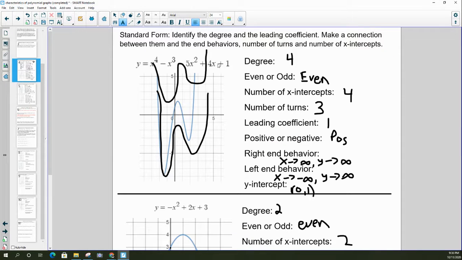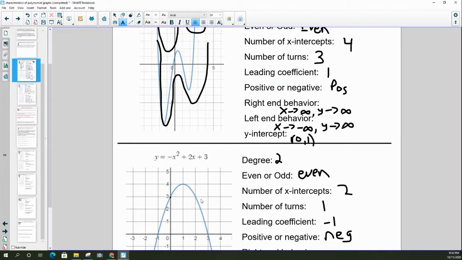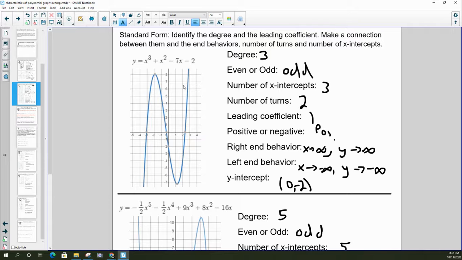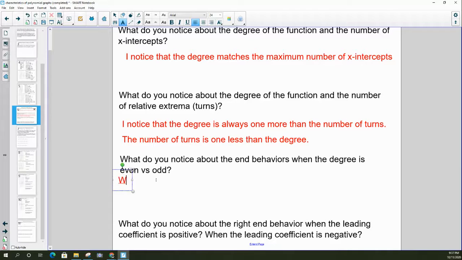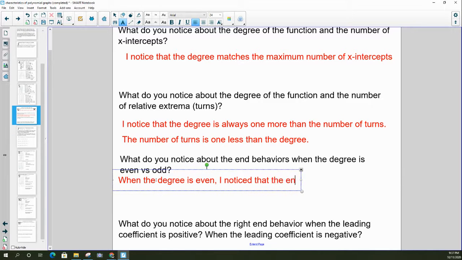All right, now what do you notice about the end behaviors when the degree is even versus odd? On even, we noticed that they were both going up or they were both going down. The end behaviors were going the same direction. And we noticed when it was odd, one was going up, one was going down, so they were going in opposite directions. All right, so when the degree is even, I noticed that the end behaviors are the same.